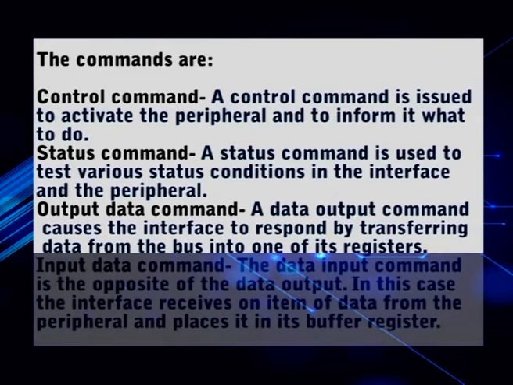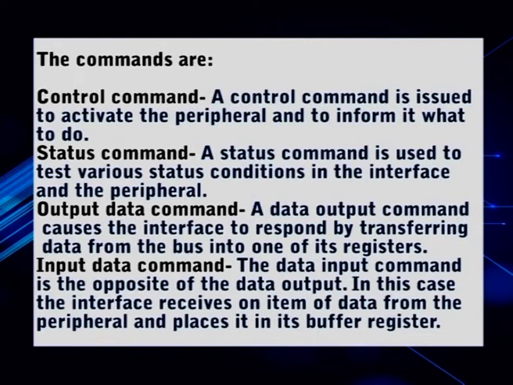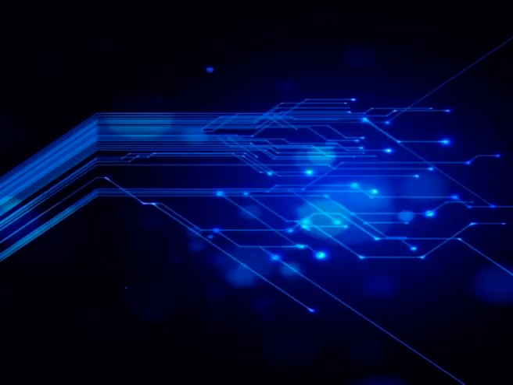And the 4th one is input data command. The data input command is the opposite of the data output. In this case, the interface receives one item of data from the peripheral and places it in its buffer register. As far as data lines are concerned, the data travels between the central processing unit and peripherals on these lines.